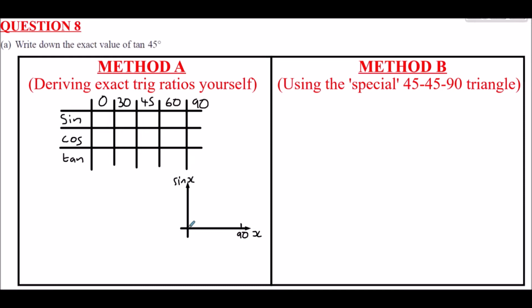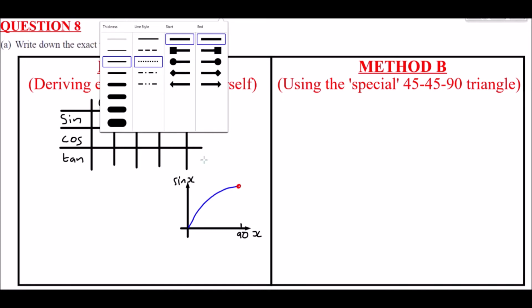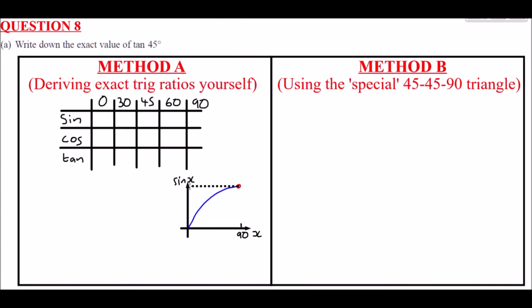So sine goes up and peaks at 90, and it peaks at a value of 1. So as you can see, it's rising from 0 to 1. So we start with 0 and we go up to 1.